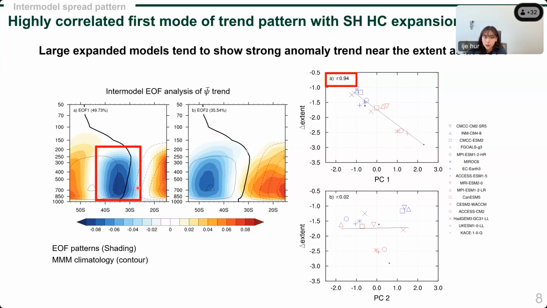This first mode is also highly correlated with the extent change in each model. It has a significant correlation of 0.94. So it means the largely expanded models tend to show a trend pattern like EOF1 more.